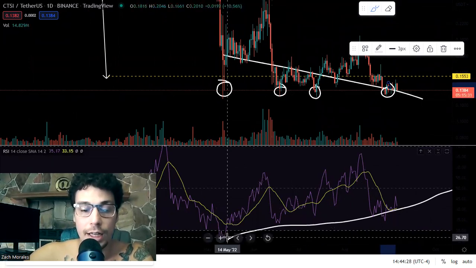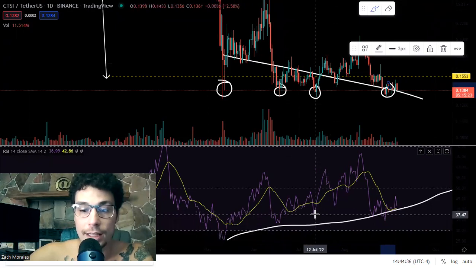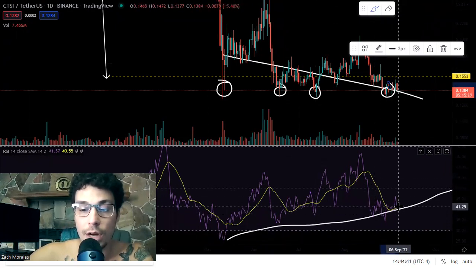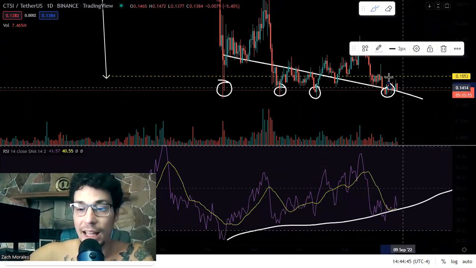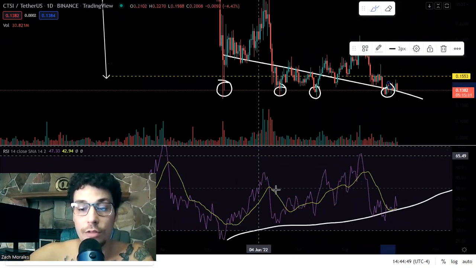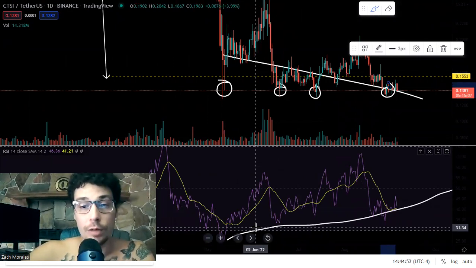Here it is on the relative strength index all the way down at 26, and then the next time we test that level, the relative strength is at 33, and then the next time we test that level, it's at 37, right, and we come over here to the recent price action and we can see the RSI is up at 41. Even on these red days when it's going down and the stock has been trying to recover, it's been building relative strength. So short term, there may be a nice little pop, right? So you could prepare for that.